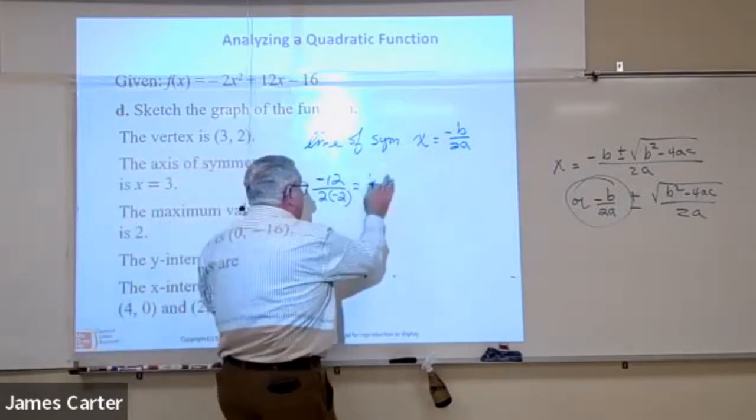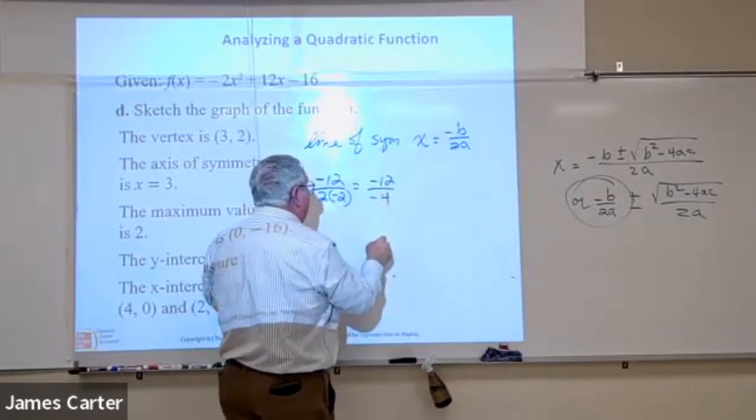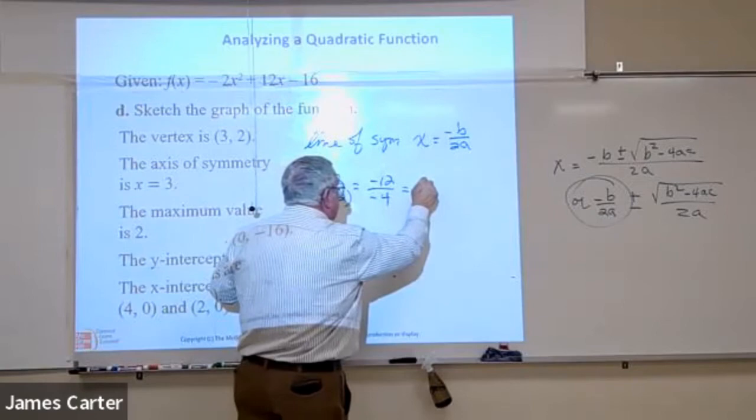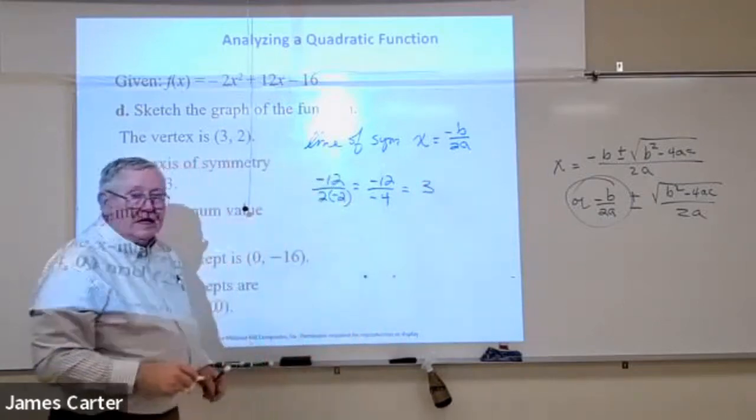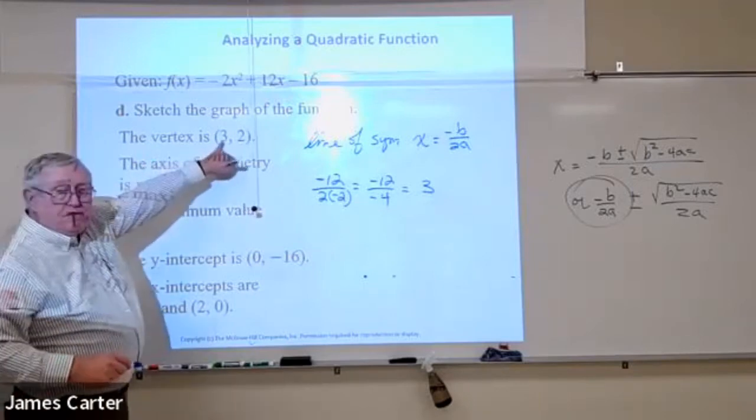I skipped a step. Sorry. -12 over -4 equals 3. So that's where this came from.